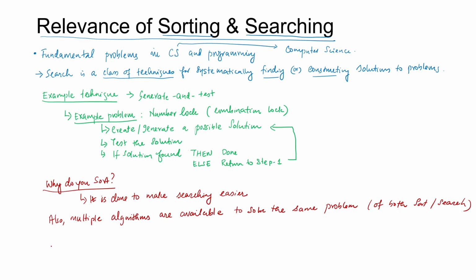The question is, how do you know which algorithm is better? How do you determine which algorithm is better? That is the other part of the problem. You have multiple algorithms to solve the same problem, but you need to find out which one of them is better. So, this is the second aspect in this class.